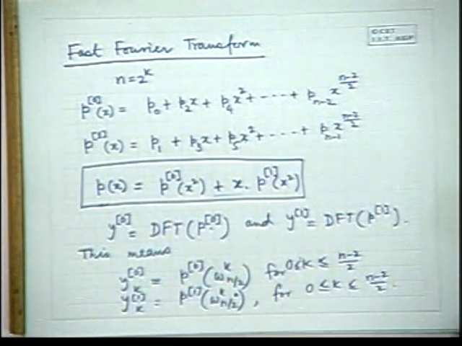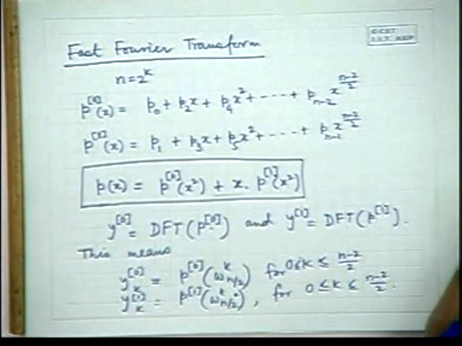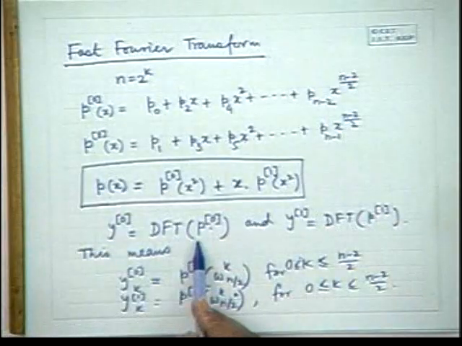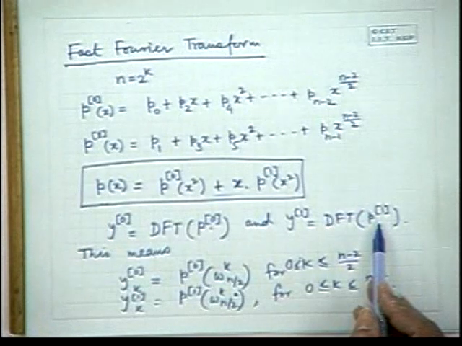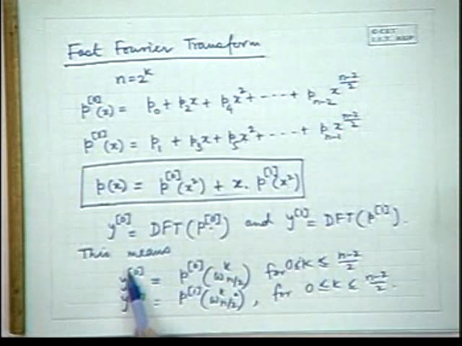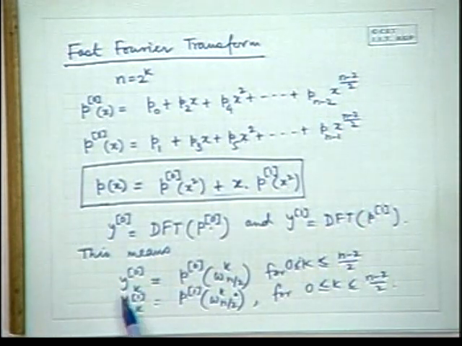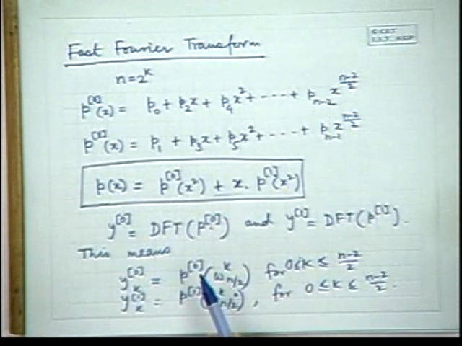Now let us see how we can evaluate the y vector, the DFT of P. That is our goal. We need to calculate the DFT of P, but we have calculated only the DFT of P0 and the DFT of P1. So how can we use these elements of the DFT vectors to compute the DFT vector of P?